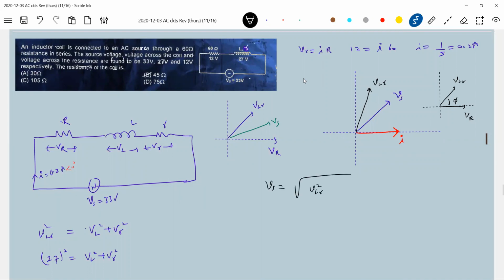This will be VLR square plus V capital R square plus 2 VLR VR cos phi. Now look at this. What all do we know? We know Vs, we know VLR, we know VR also, V capital R. Solving this, we'll get this phase angle.